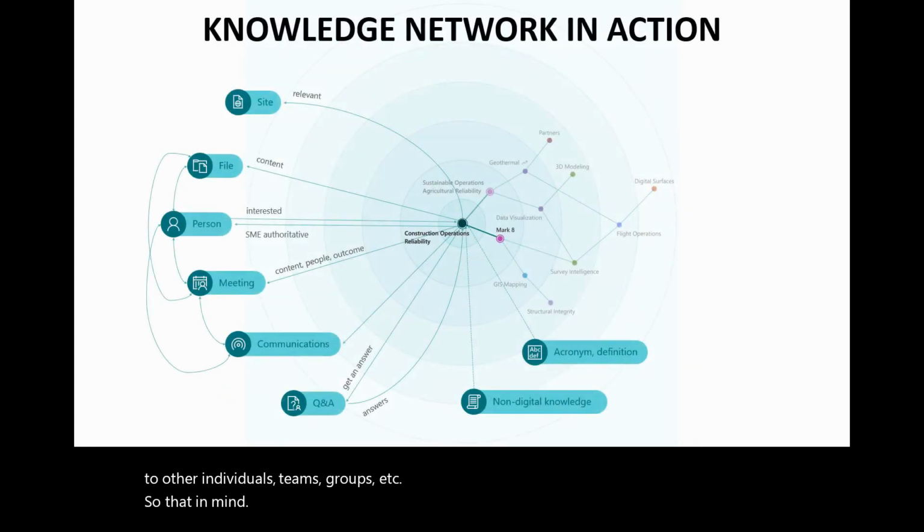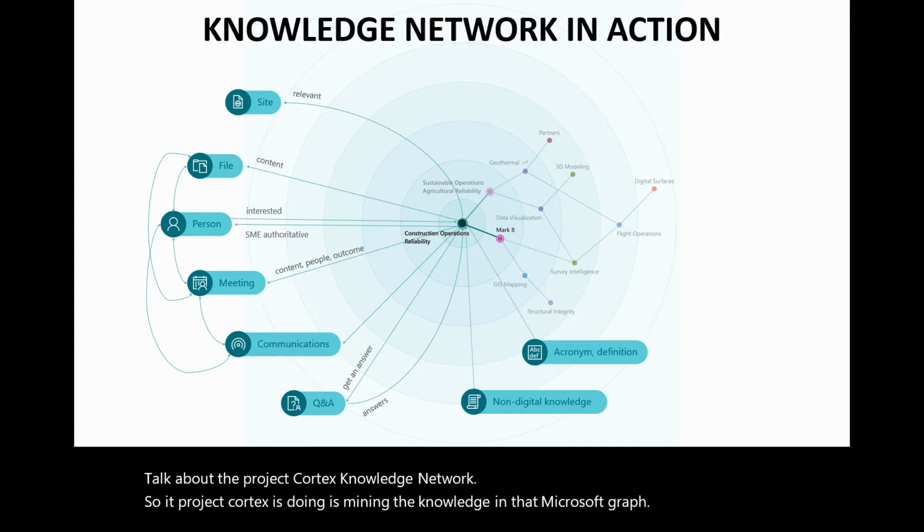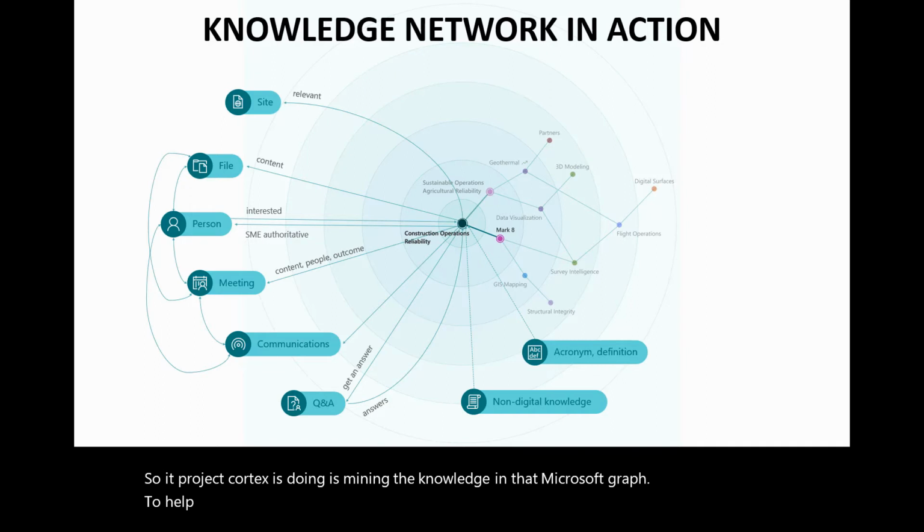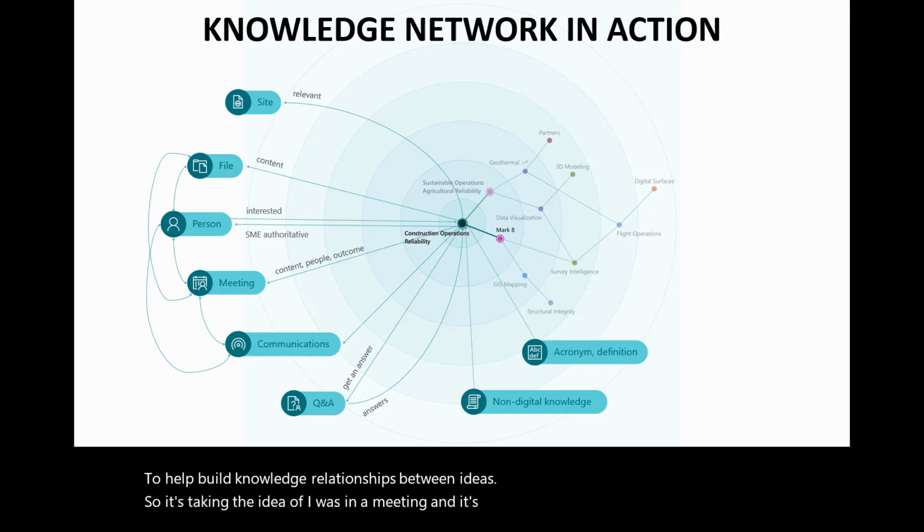So with that in mind, we'll talk about the Project Cortex Knowledge Network. What Project Cortex is doing is mining the knowledge in that Microsoft Graph to help build knowledge relationships between ideas. So it's taking the idea of, I was in a meeting, and it's identifying what is the topic of that meeting.